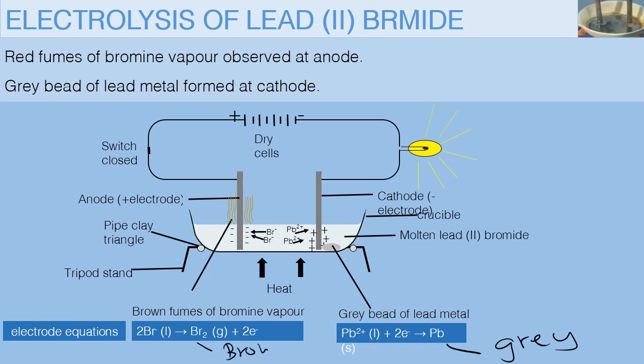Interestingly, look at the equations carefully and notice that the ions are written in liquid state because it is molten lead II bromide. Similarly, the equation at the anode is written in an interesting way, since bromide ions lose electrons to form bromine molecules, which are bromine vapors.